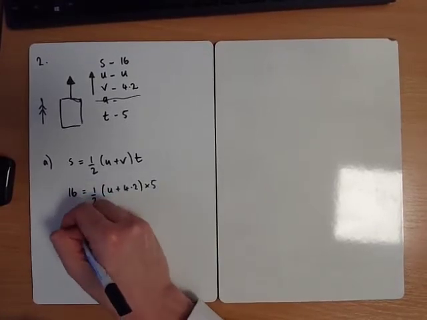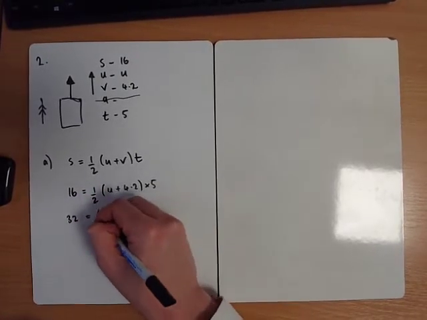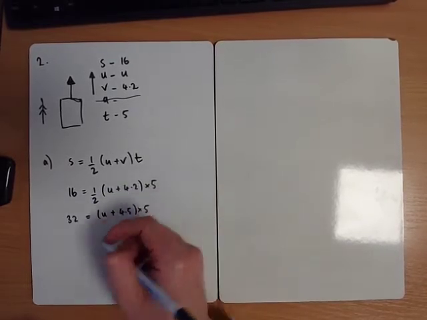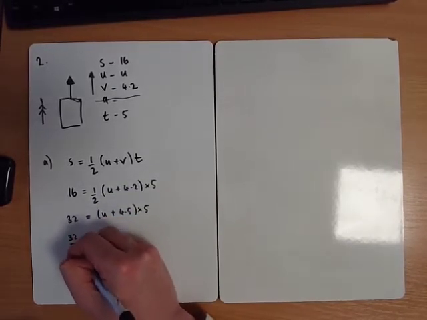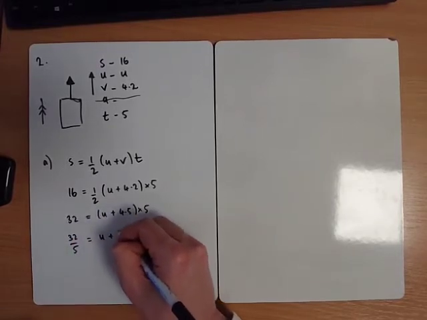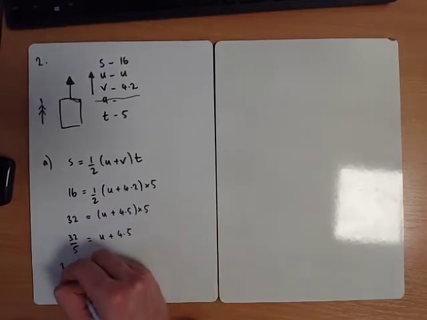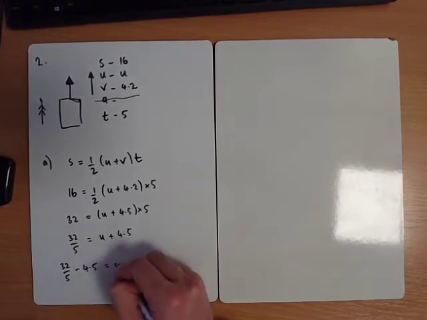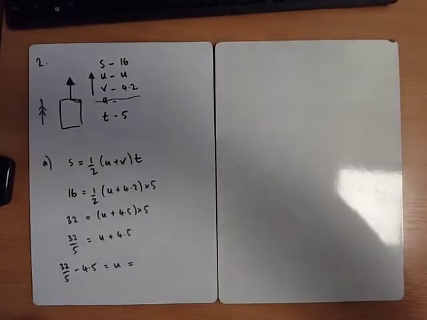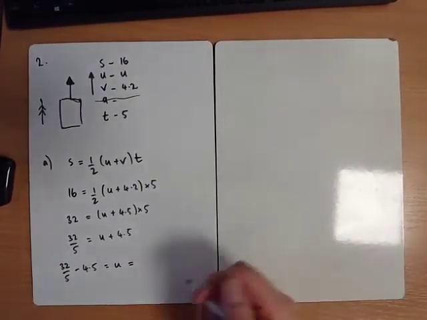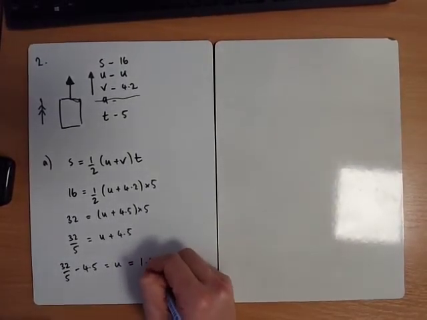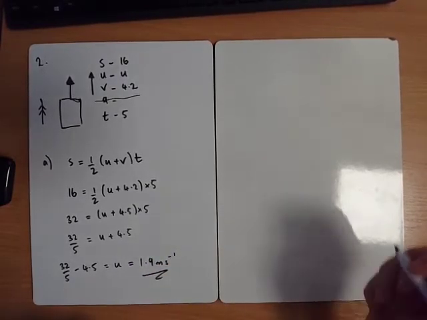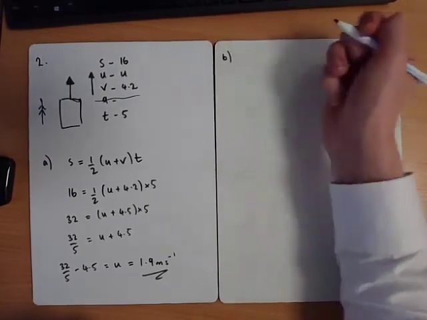Multiply by 2, divide by 5, and then subtract. Okay, that's giving me 1.9 meters per second.